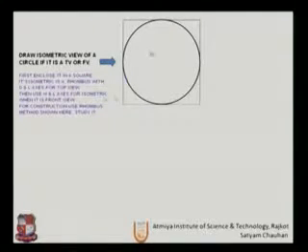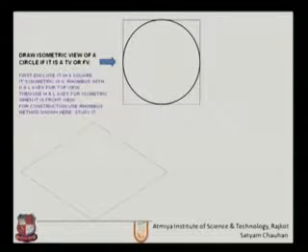So we know that the square will be a rhombus when drawn in isometric. So for construction, use the rhombus method as shown here. The circle is a typical problem and we get it very frequently. So it is very important to learn how to draw the isometric of a circle, and let us see how to draw it.